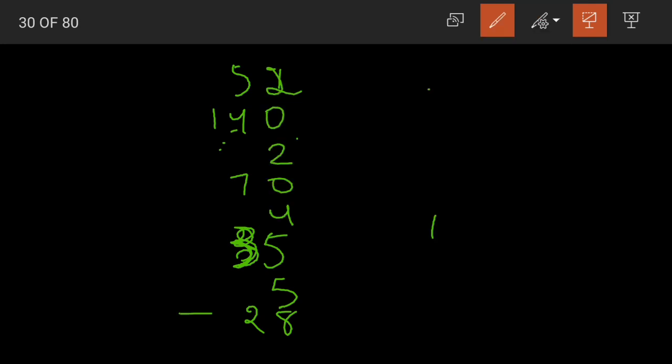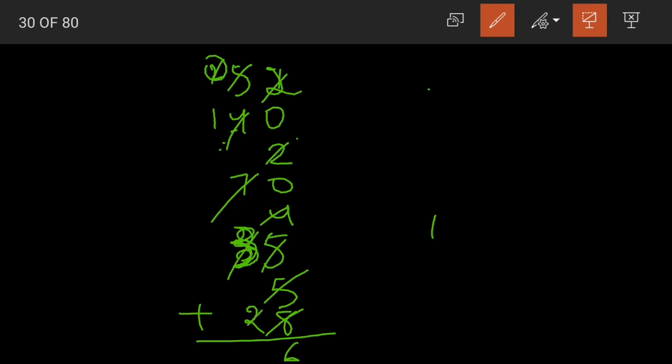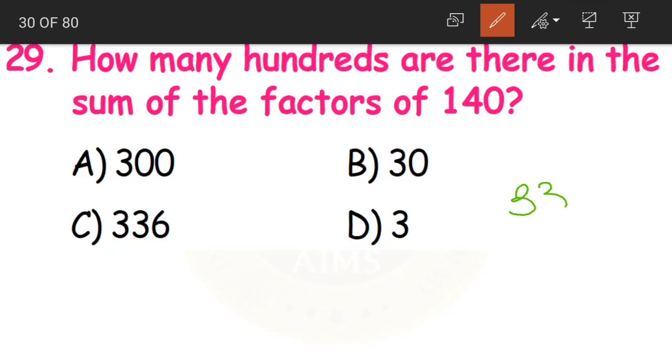It is a very simple question actually. We need to add all the factors. 2 plus 2 4, 4 plus 4 8, 8 plus 8 16, 16 plus 10 becomes 26. 2 carried. 2 plus 5 7, 7 plus 4 becomes 11, 11 plus 7 18, 18 plus 3 21, 21 plus 2 23, 2 carried. 2 plus 1 becomes 3. 336 is our answer.